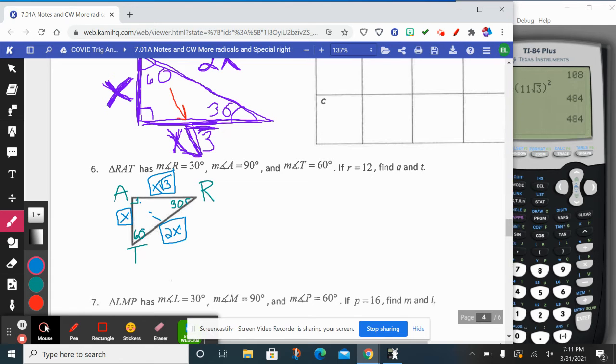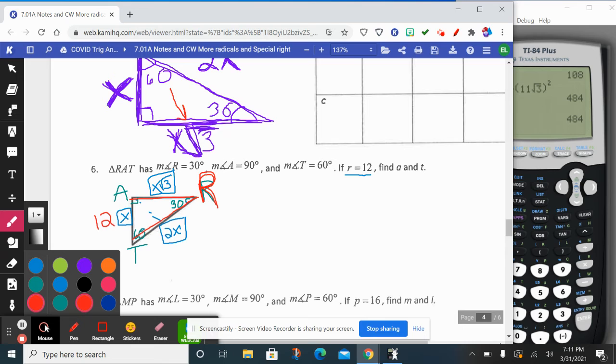Okay. Now, what they're telling us is that little r is 12. Little r is what's opposite capital R. So if our big angle here is angle R, these two sides are touching that angle R, it's the opposite side. So in this case, x is going to be 12. So if x is 12, then x times the square root of 3 is going to be 12 square roots of 3. And the third side is twice x.